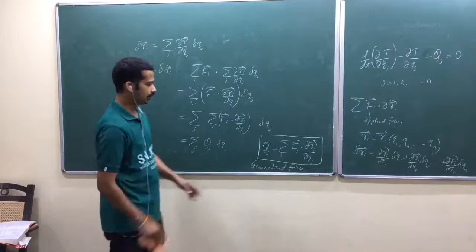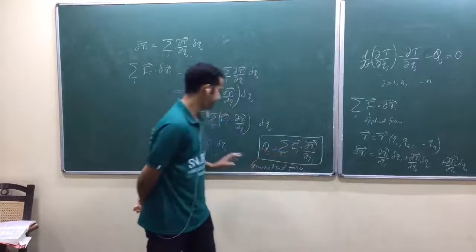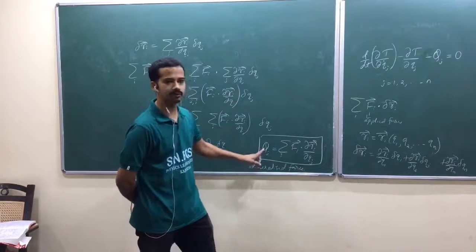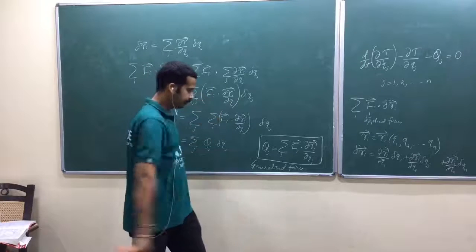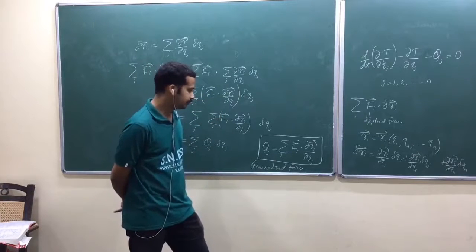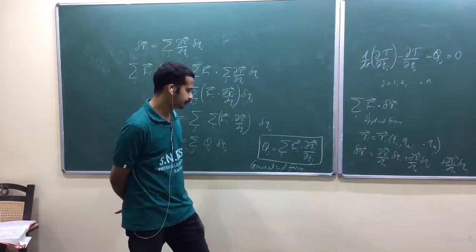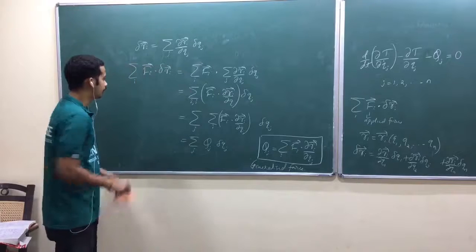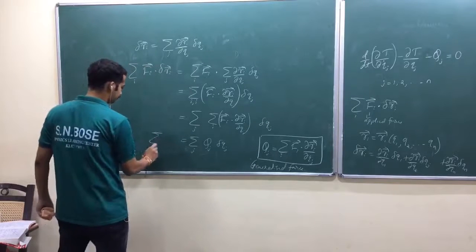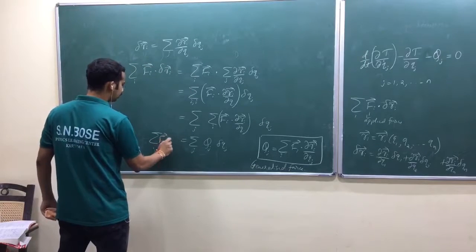Now look at here, this whole thing is a scalar quantity again. We are transforming everything into a scalar quantity. Now see one thing. We have written this one. Again, this was also an old question.